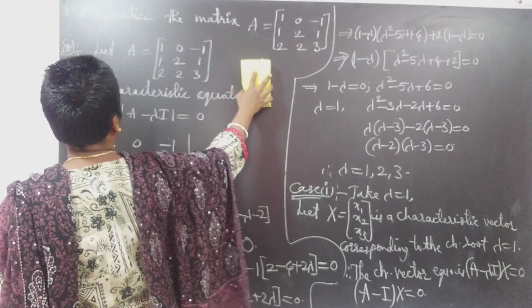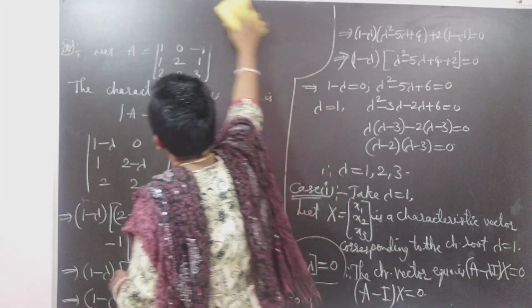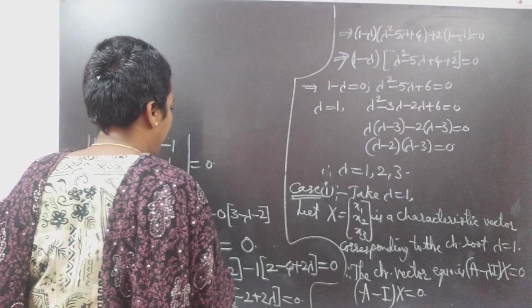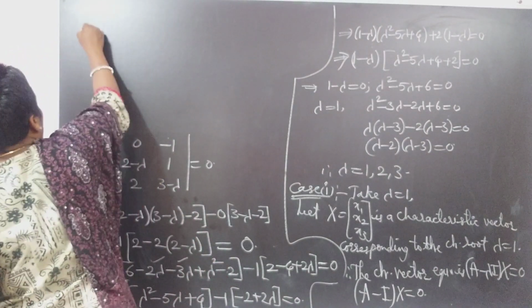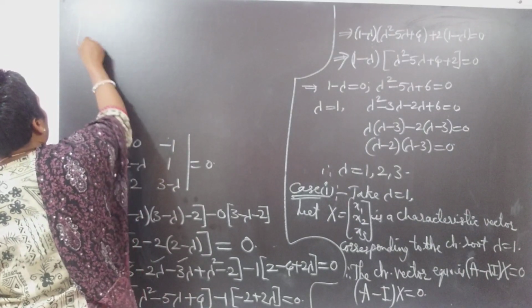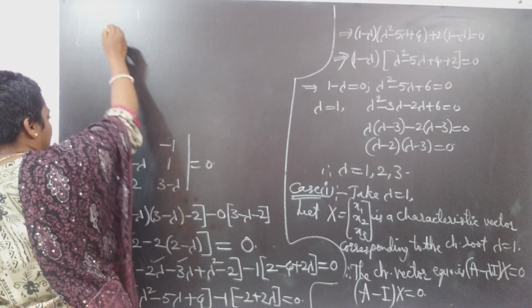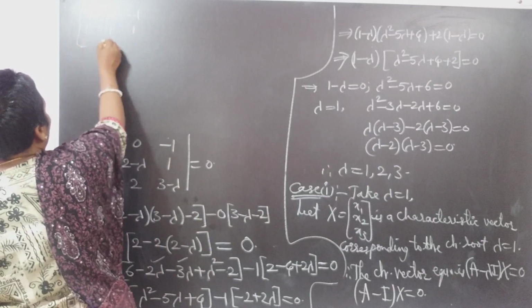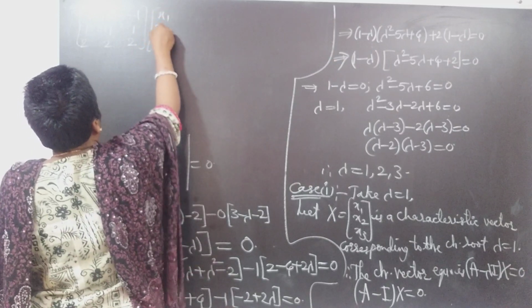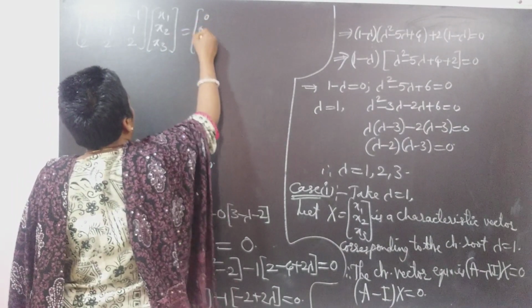Here lambda equal to 1 means 1 minus 1 is 0, 0, minus 1; 1, 2 minus 1 is 1, 1; 2, 2, 3 minus 1 is 2, into x1, x2, x3 equal to 0, 0, 0.